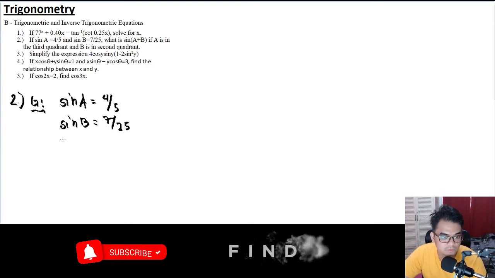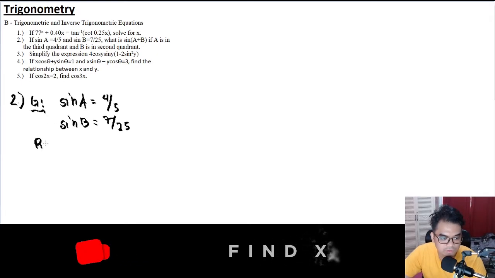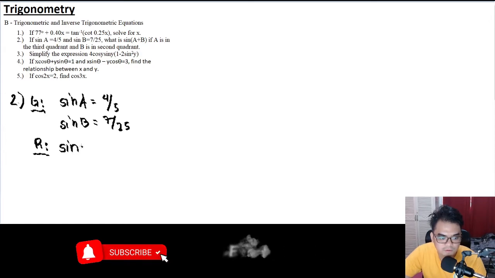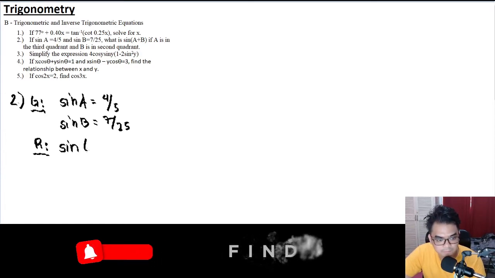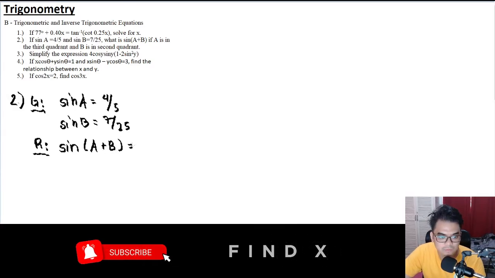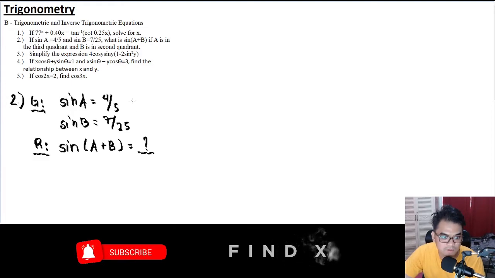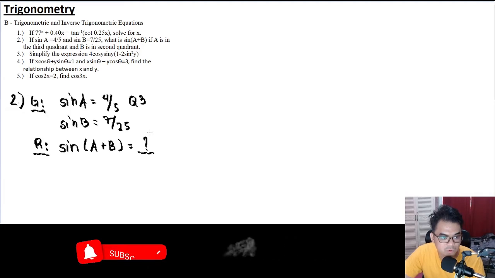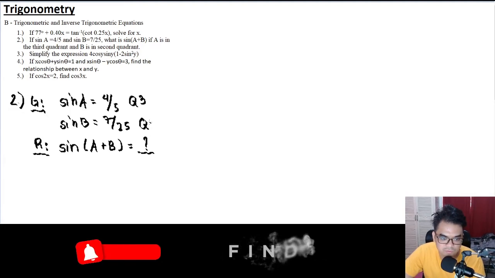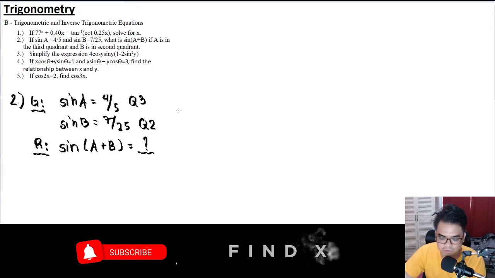We are required to find sine of A plus B, so this must have a value, and we'll be looking for that. If A is in the third quadrant, so this should be Q3, and B is in the second quadrant, so this should be Q2. We have to take note of that.